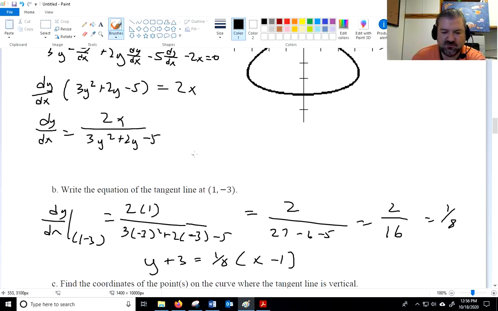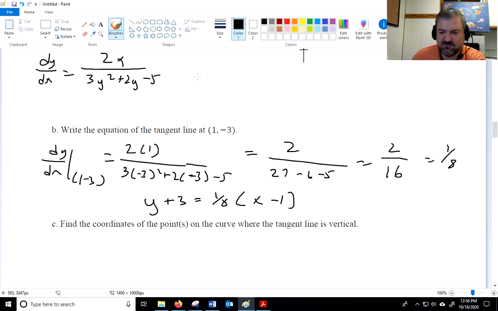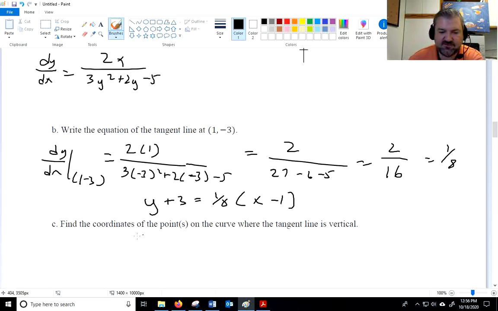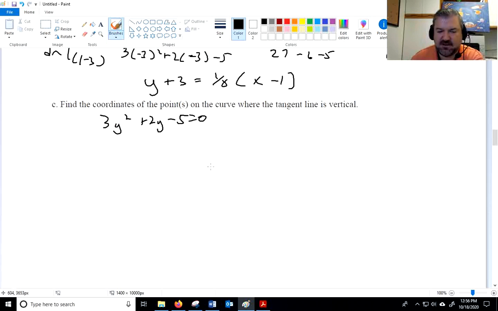All right, find the coordinates of the points on the curve where the tangent line is vertical. Well, that means when the denominator is 0. Well, that is going to be when 3y squared plus 2y minus 5 equals 0. And this is factorable, because there are numbers that multiply to negative 15 and differ by 2, 5 and 3. So this definitely is factorable.